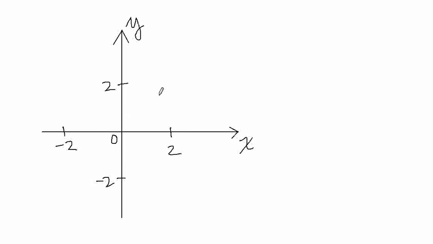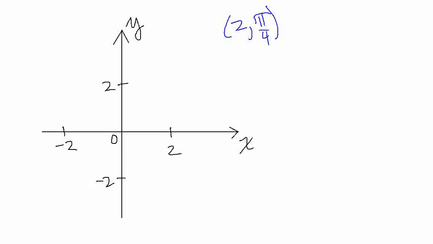All right, so suppose we wanted to identify the location in polar coordinates of the point with the coordinates 2, pi over 4.